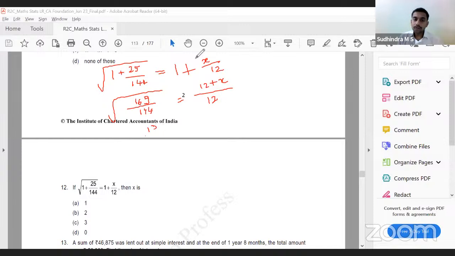Root 144? 12. So 13 divided by 12 is equal to 12 plus x divided by 12. 12 gets cancelled. 13 is equal to 12 plus x. Therefore, x is equal to 13 minus 12, which is 1. x is equal to 1.